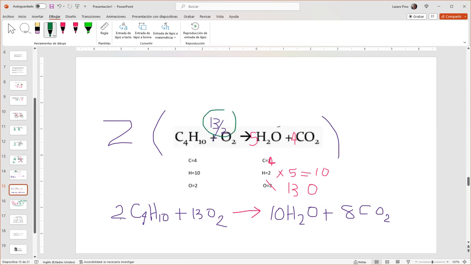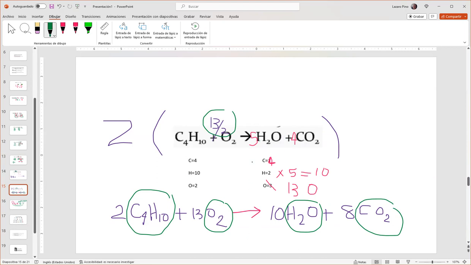Now you will have 2 of this, 13 of this, and 2 times 5 is 10 of water, and 2 times 4 is 8 of carbon dioxide. Then now the equation is balanced.